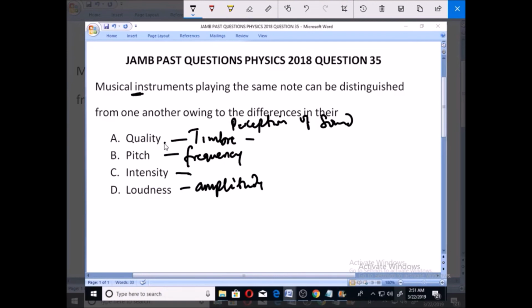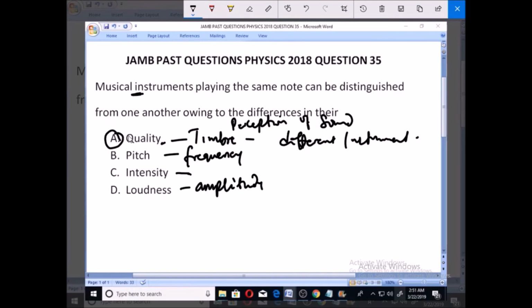So when you talk about differentiating different musical instruments, we talk about the quality of the sound coming from them, which we also call the timbre, because this is the factor that differentiates the same musical notes from different musical instruments. So A is the right option.